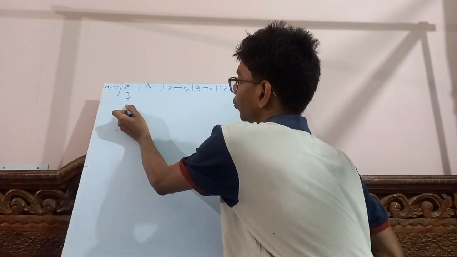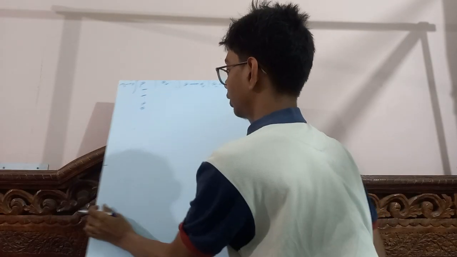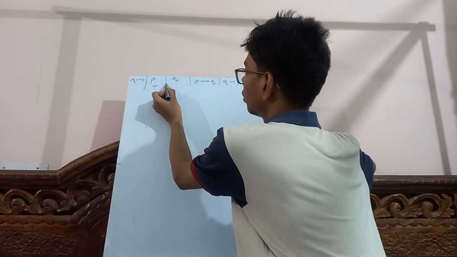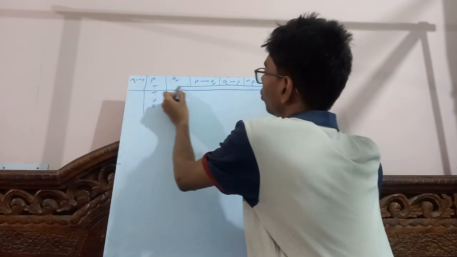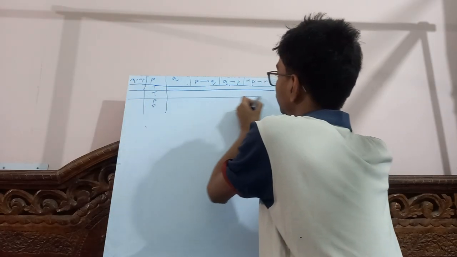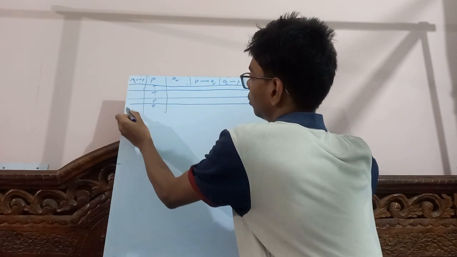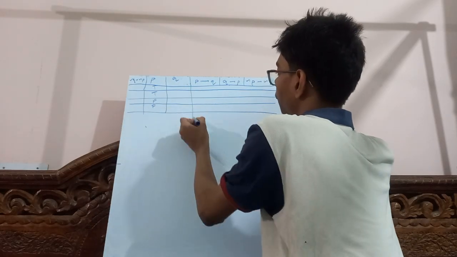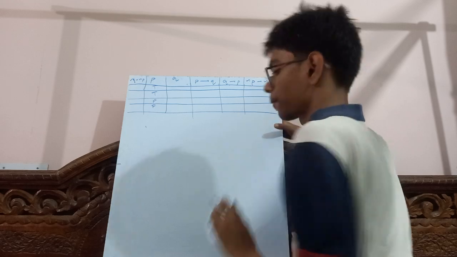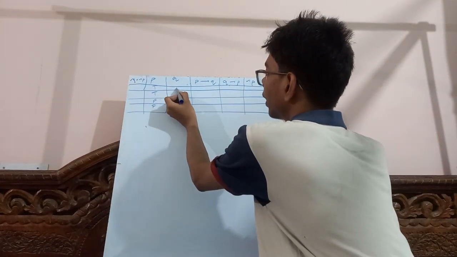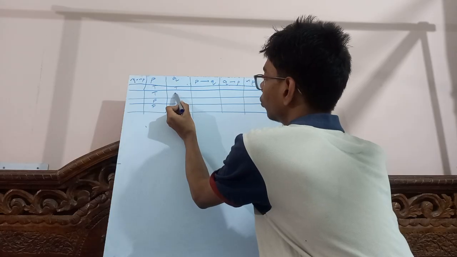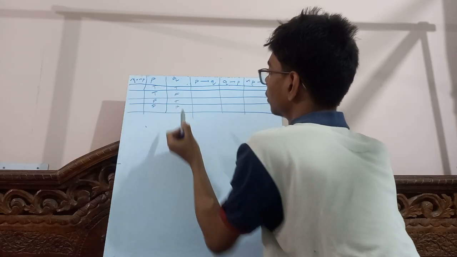T T F F. Let me adjust this one. I have to make 4 rows. Right. So I will write here true, false, true, false.